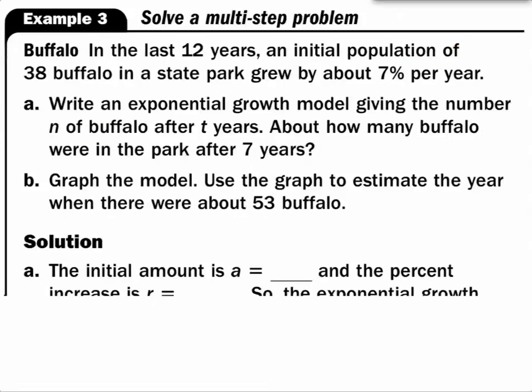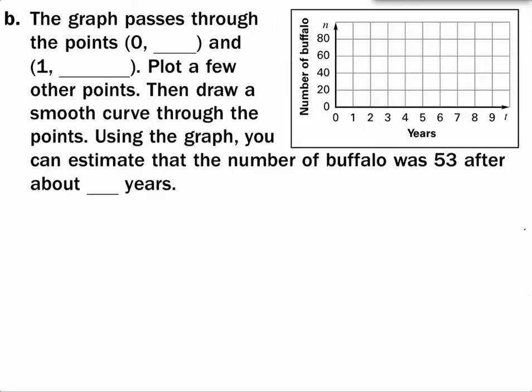Now let's look back a little bit and see we have to do part B here. It says graph the model. We're going to graph it because they tell us to graph it. The graph is, well, you'll see, unexciting. But there is value in figuring out what's going on here.